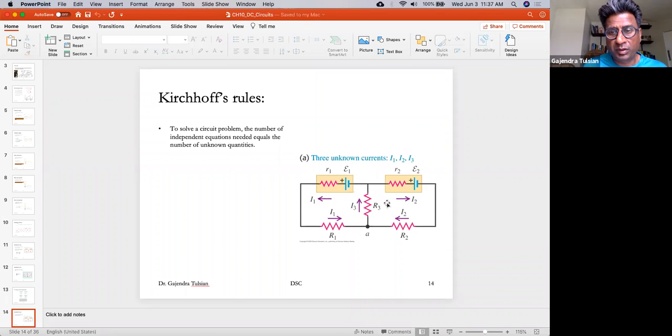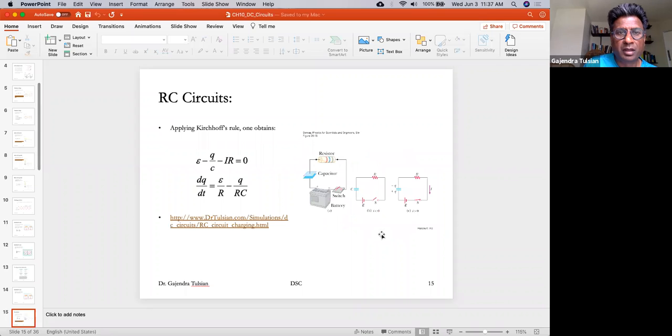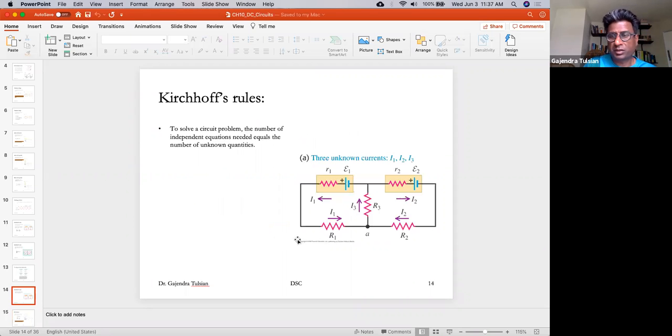Here's one loop, here's another loop, and there's another loop. So the 2 Kirchhoff's rules can give you 4 equations for this circuit. So you can, in principle, solve for 4 unknowns, and the rest of the quantities will have to be given. Okay, all right, so those are the Kirchhoff's rules.